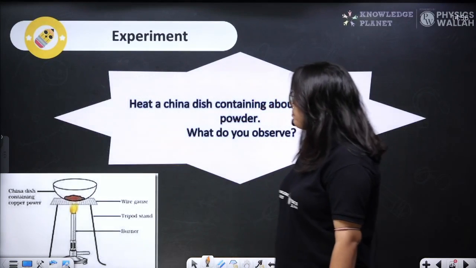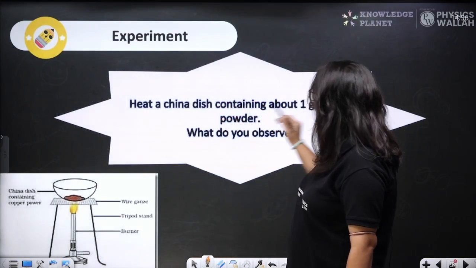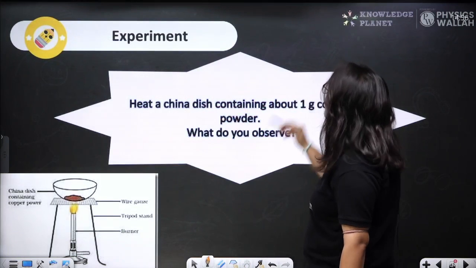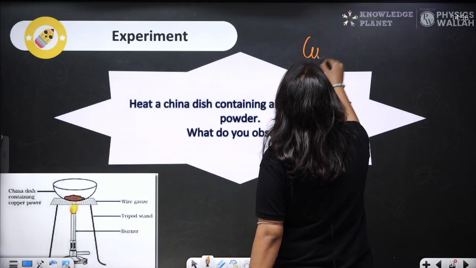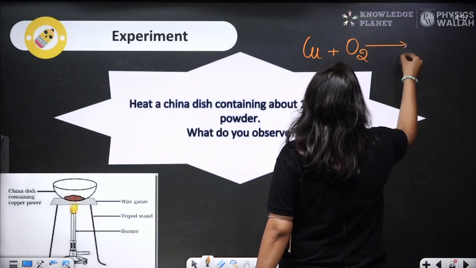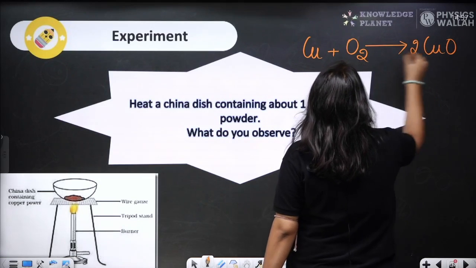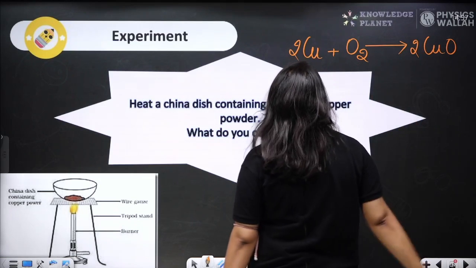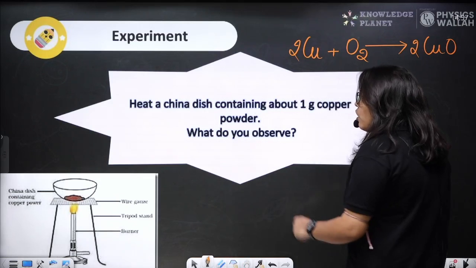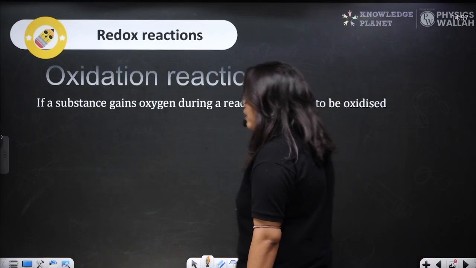All right. Now look at this. Heat a china dish containing about 1 gram of copper powder. What do you observe? So when you take copper and you're heating it in air, that is, oxygen is being added to it. What do you get? You get copper oxide. Now, what do you see over there?